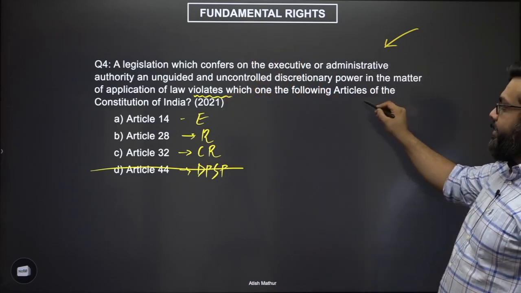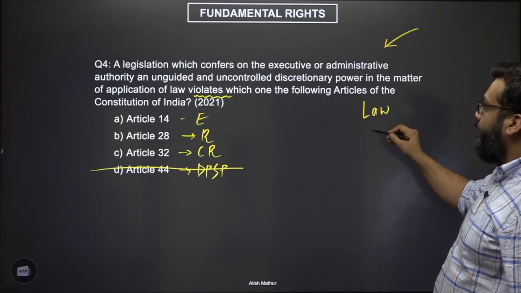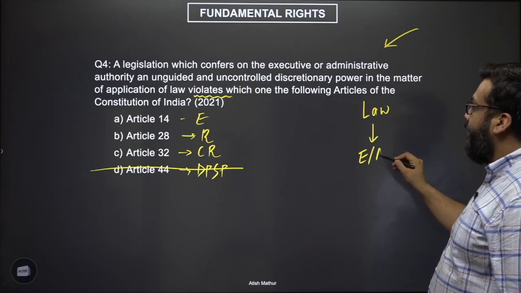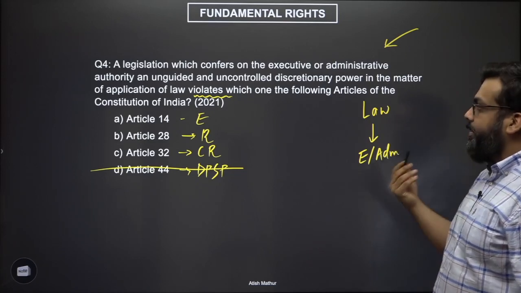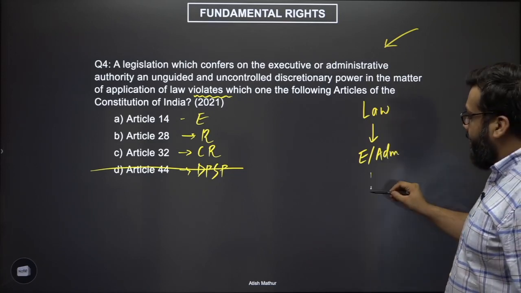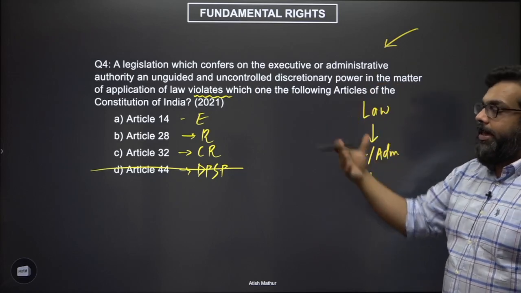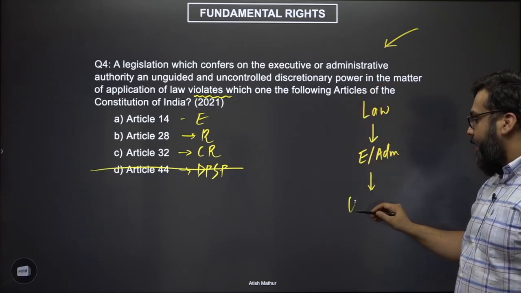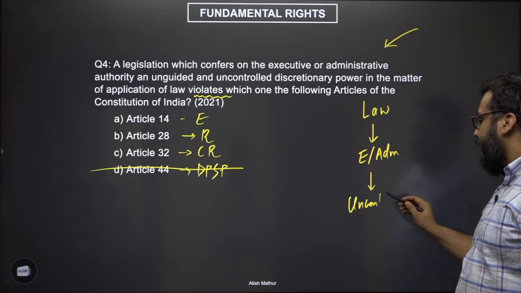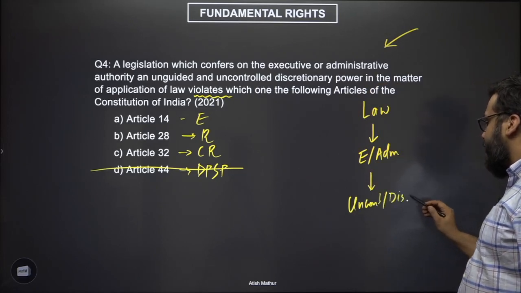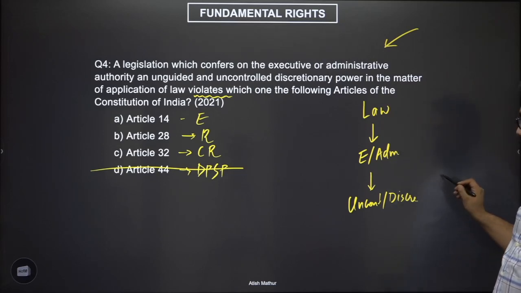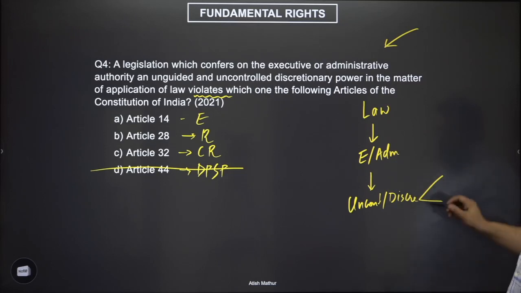All that it is saying is, there is a law which is giving some powers to the executive or the administration, which is the same thing. This power that is given to the executive authority is essentially an uncontrolled power. It is a discretionary power, which means if the executive has to apply this power, it will apply this power arbitrarily.